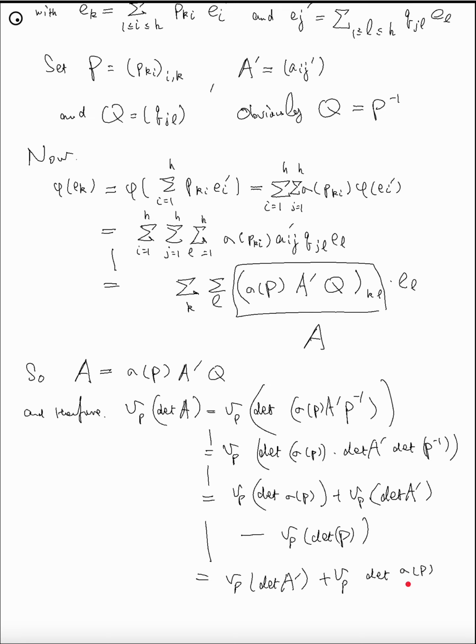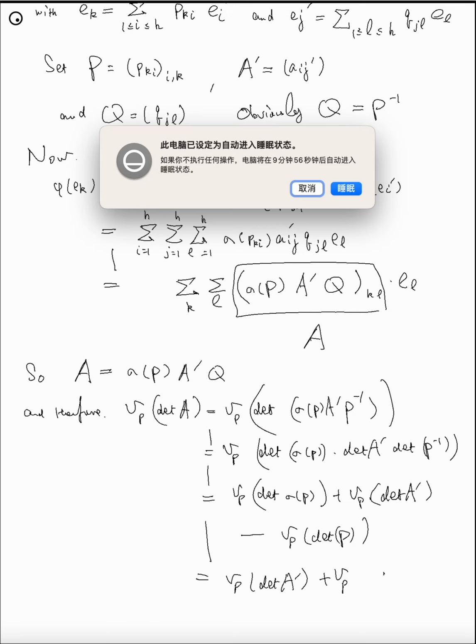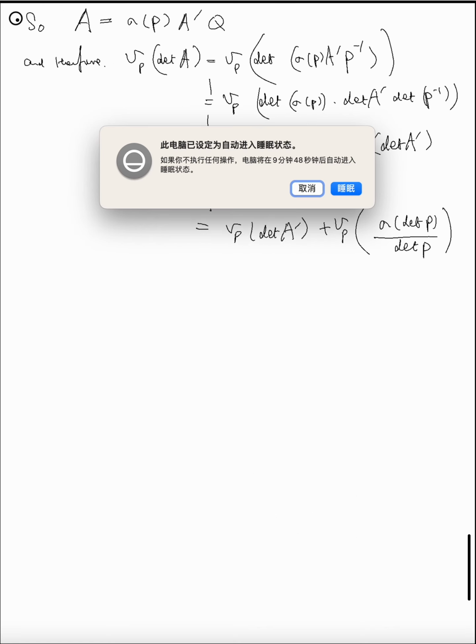And so it's also just sigma of determinant of P over determinant of P. Just notice this determinant of P lies in K0.